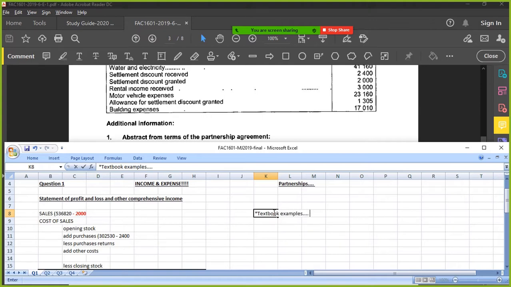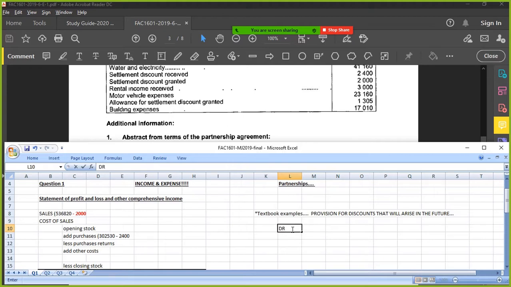Okay, I remember covering it with you, where they're providing for discounts that will arise in the future. Because a discount allowed is seen as an expense, if you're providing for it, it'll be a negative asset.